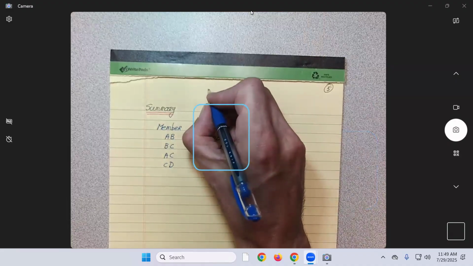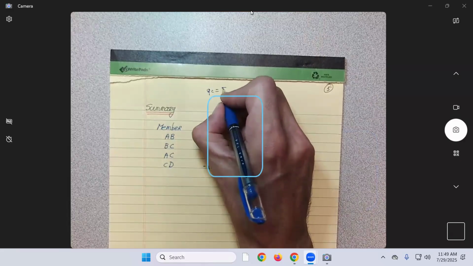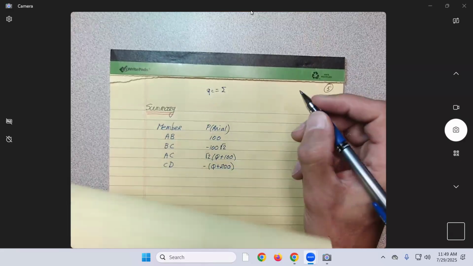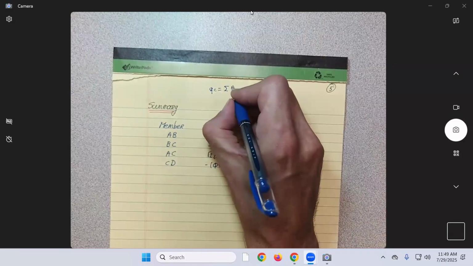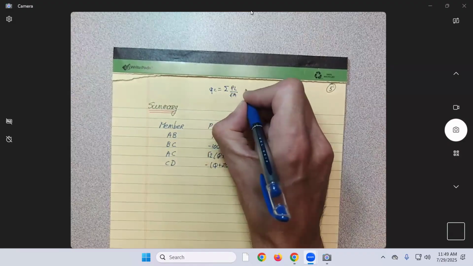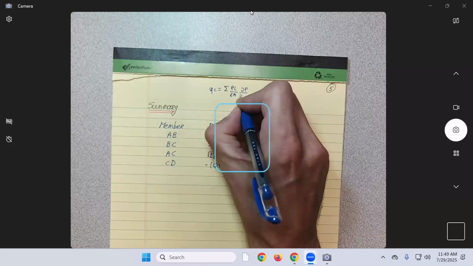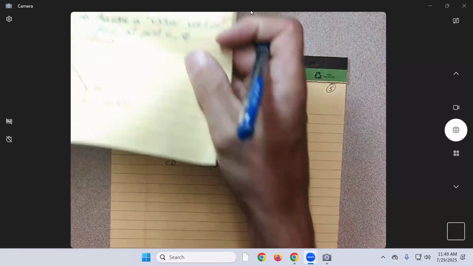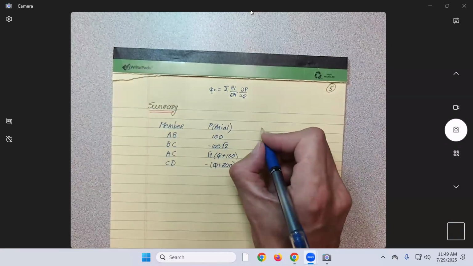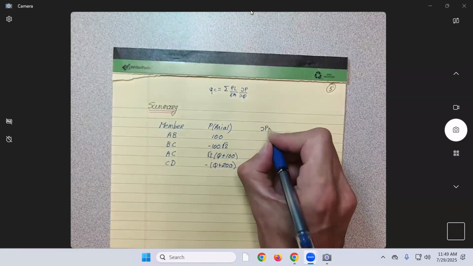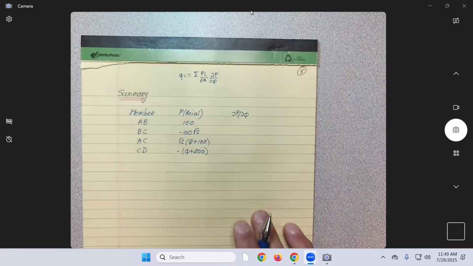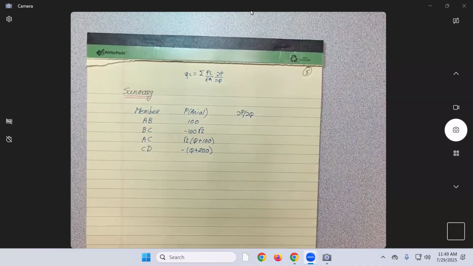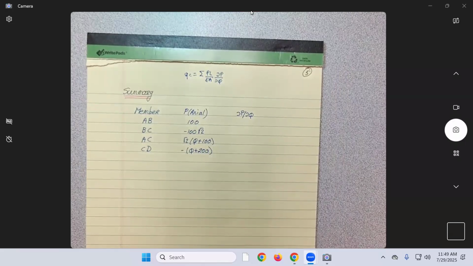We have Q sub C equal to the summation of PL over EA, partial of P, partial of Q. So I'm going to look here at the term of the derivative of the axial load with respect to the virtual force Q that we had to apply at the location where we want to find the vertical deformation.